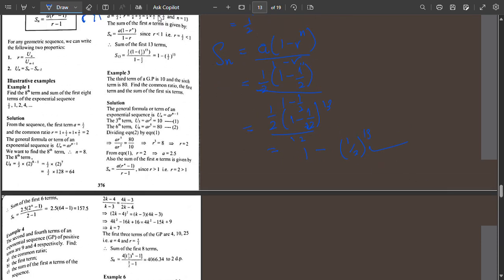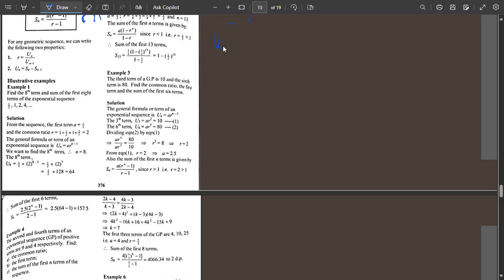Question 3. The third term of a GP is 10.